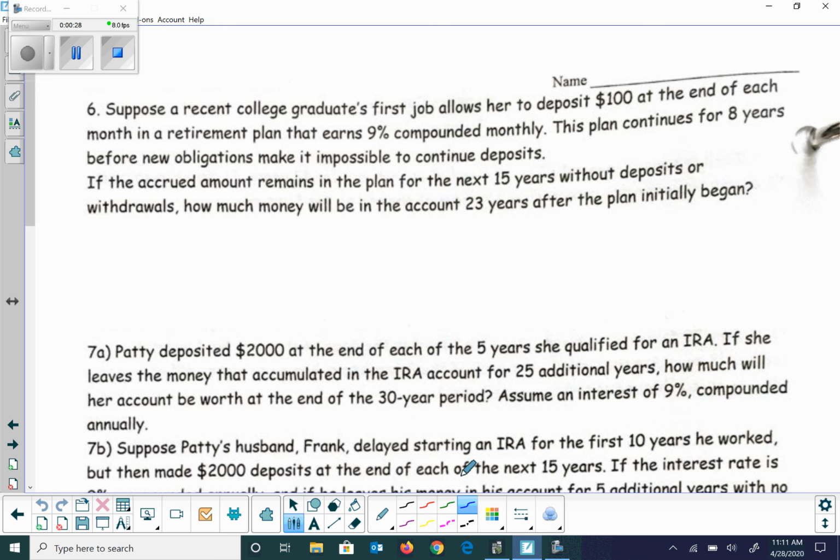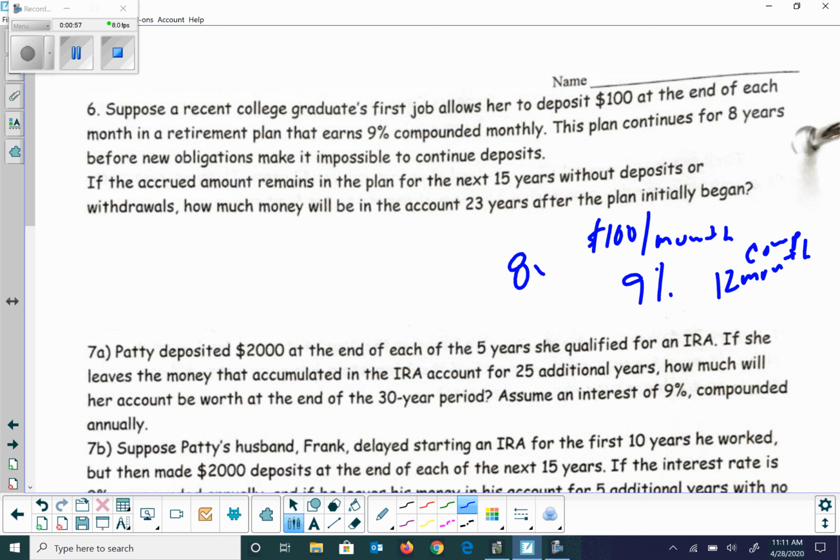So suppose a recent college graduate's job allows her to deposit $100 at the end of each month to a retirement plan that earns 9%, compounded monthly. So monthly. This plan continues for 8 years before the obligations become impossible for her to deposit anymore.